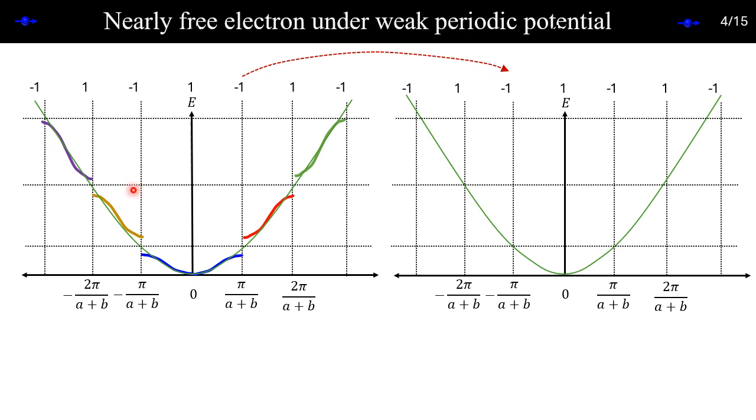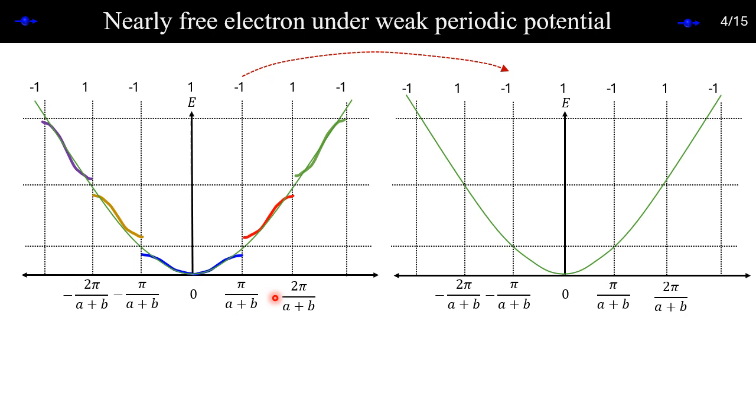Now, as you know, this is a 1D periodic potential. So if you do the Fourier transform, it will still be 1D and periodic, right? That means now this is an extended Brillouin zone. So from 0 to pi over (a plus b), we will have repetition in the K space.